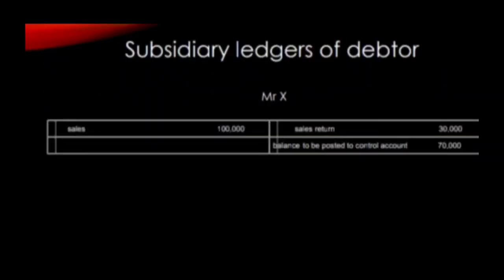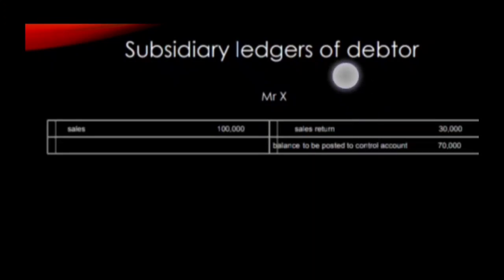So let us take a look at the subsidiary ledger of debtors. Now if we have a customer, Mr. X, whatever transactions we have made with him, we will prepare a subsidiary ledger for the same customer, and we will record all the transactions pertaining to him during the period.